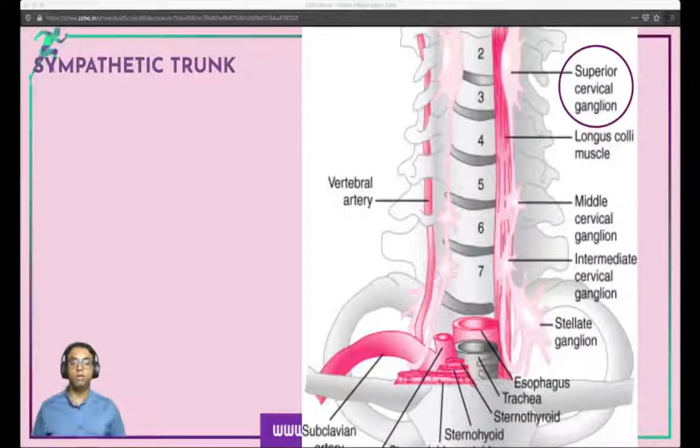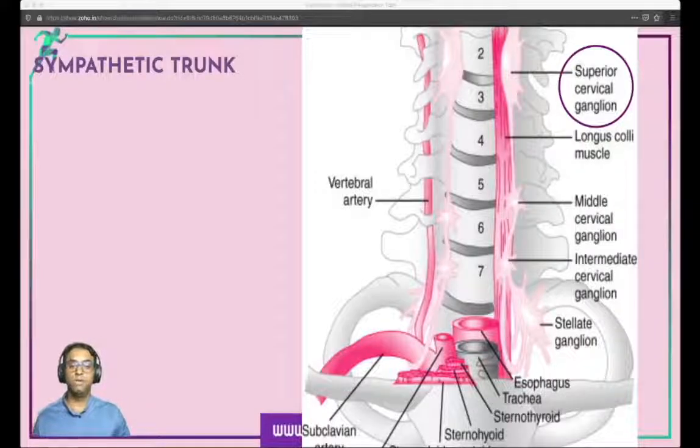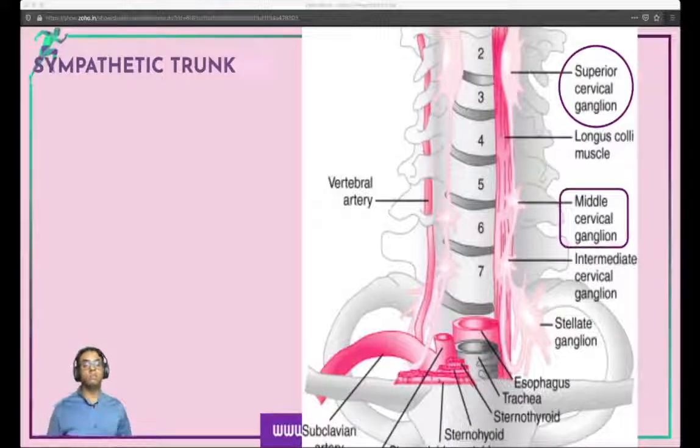The superior ganglion is by far the largest, and it is positioned inferior to the occiput and anterior to the transverse process of C2 and C3. According to many sources, the middle cervical ganglion in the sympathetic chain is not always present, but when it is present, it lies anterior to the transverse process of C6.